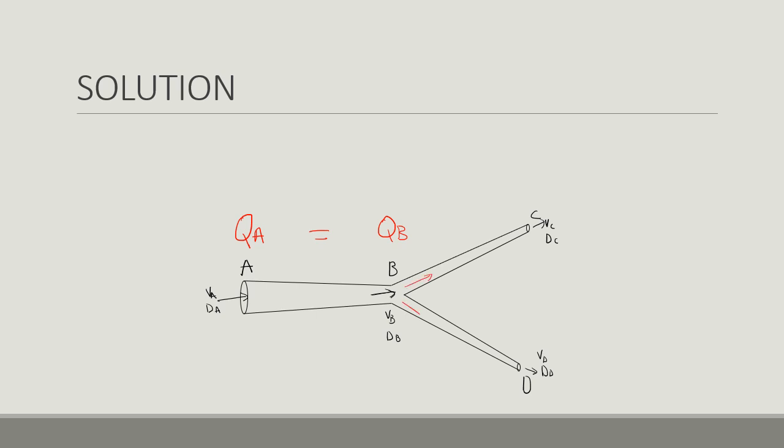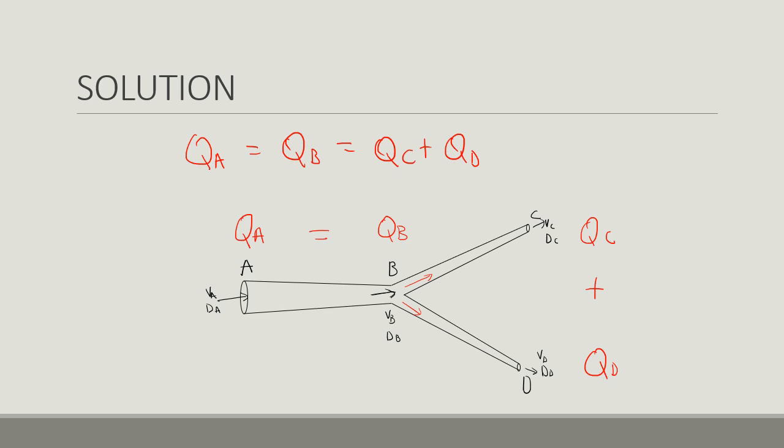One goes to C and one goes to D. So therefore, in general, we know that discharge at A, QA, is equal to discharge at B, QB, and discharge at B is now equal to QC plus QD. This is because the fluid is not created and it is not destroyed, so it is constant.